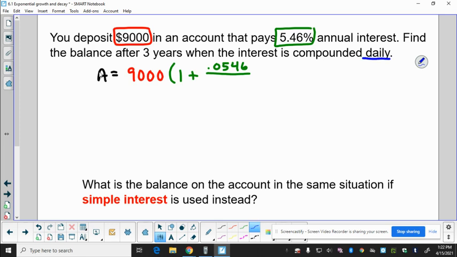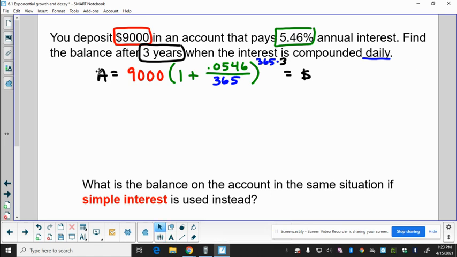Daily. 365 we use for that in 1 year. 365, right? And then our exponent will be 365 times, how many years is it in there? It says right here. 3 years.